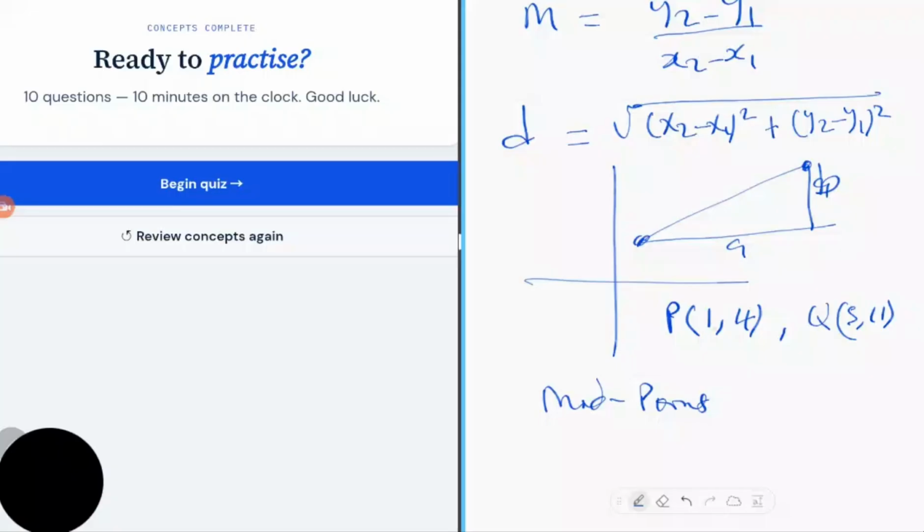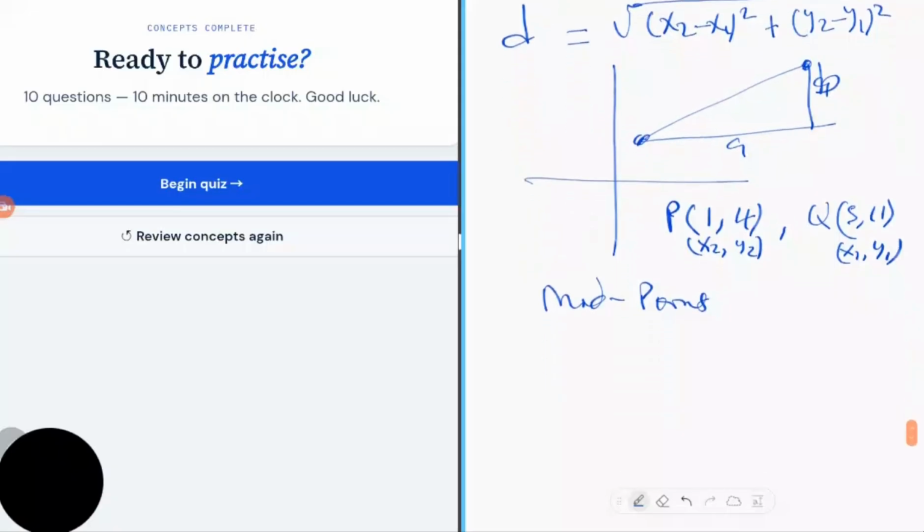The midpoint is a new point formed such that the x coordinate is x1 plus x2 over 2, the mean of x1 and x2, and the y coordinate is y1 plus y2 over 2, the mean of y1 and y2. So that's the midpoint.